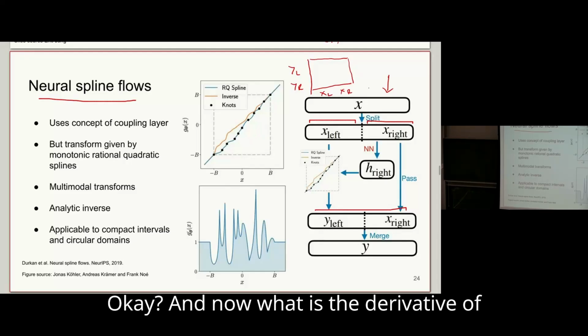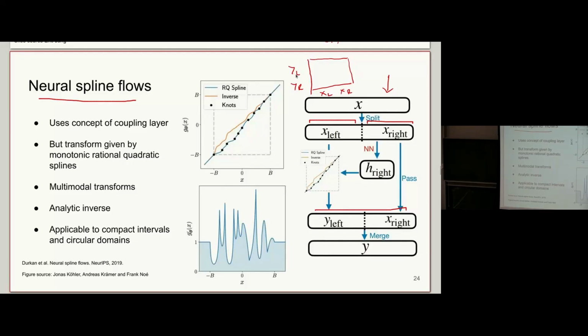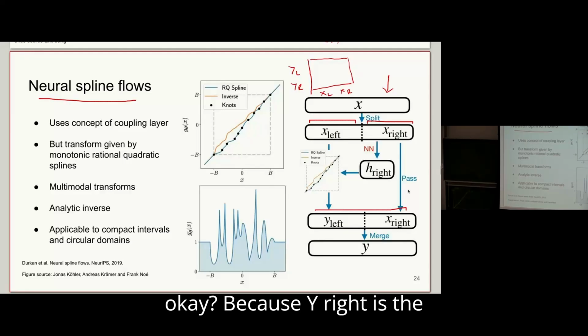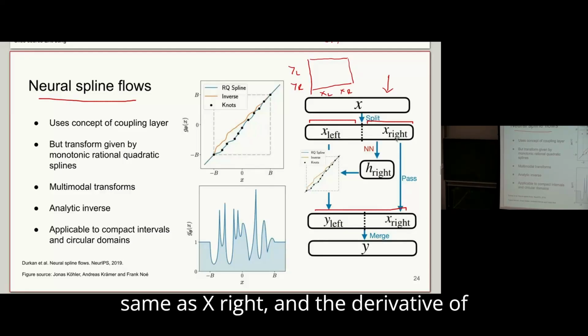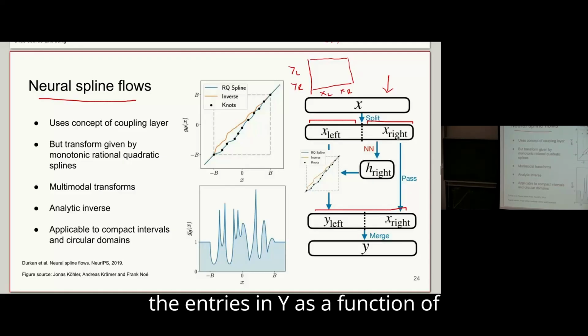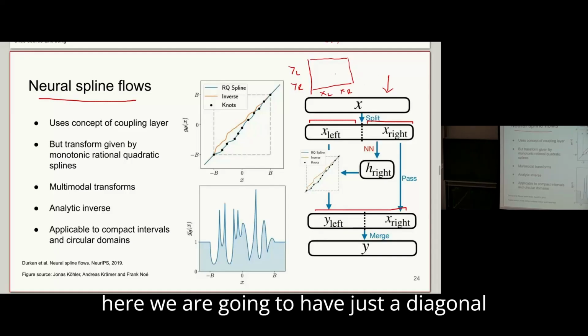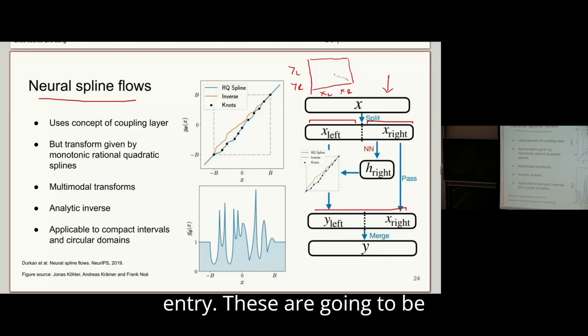Okay? And now, the derivative of y right with respect to x right is going to be the identity, okay? Because y right is the same as x right, and the derivative of the entries in y as a function of the entries in x is going to be 1. So here we are going to have just a diagonal entry. These are going to be all 1s, and then this is 0, okay?